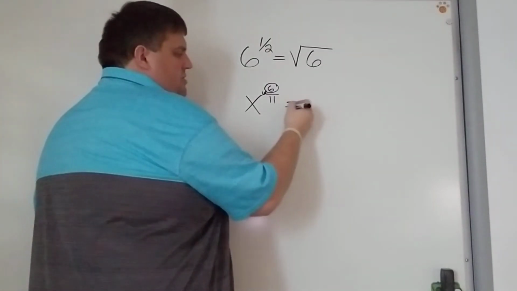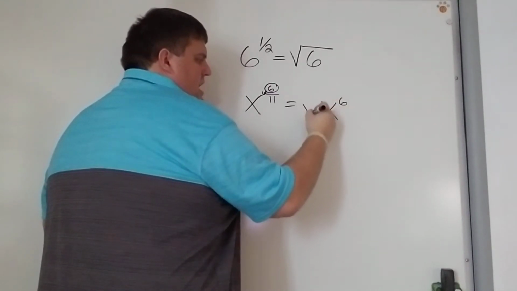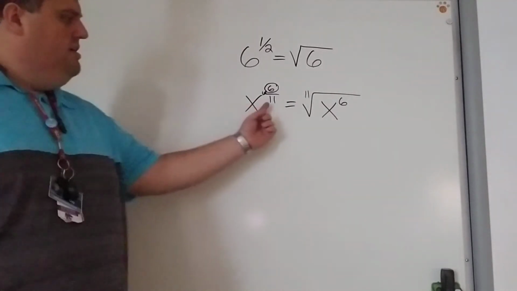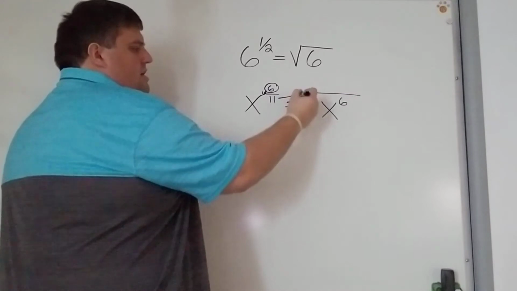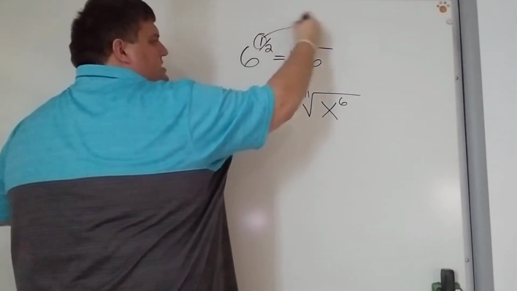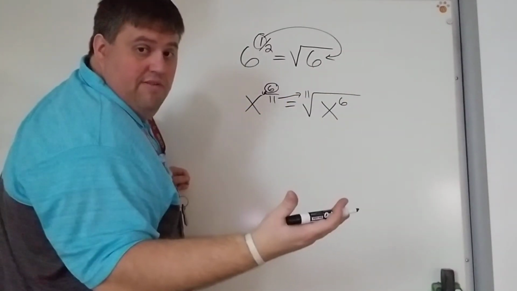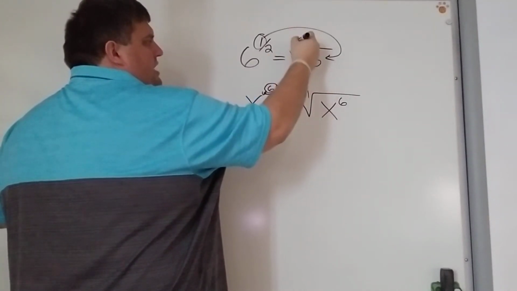So this could simplify into x to the 6th, and then we have a root, and what kind of root? It would be the 11th root, because that's the denominator. That's where we get that from. So if you check this out up here, the 1 is still on the 6, right? We just don't write that 1. If it doesn't have an exponent, it's really 1, right? The 2 is out here.